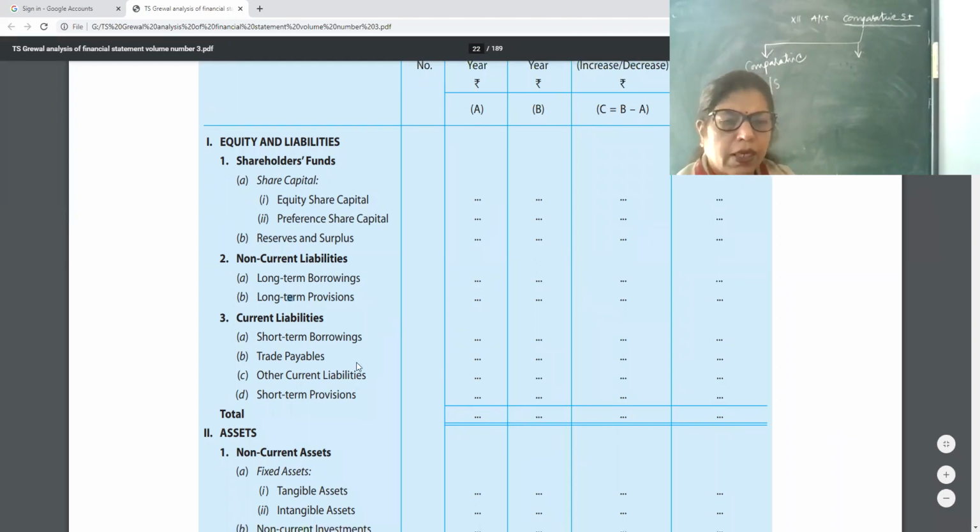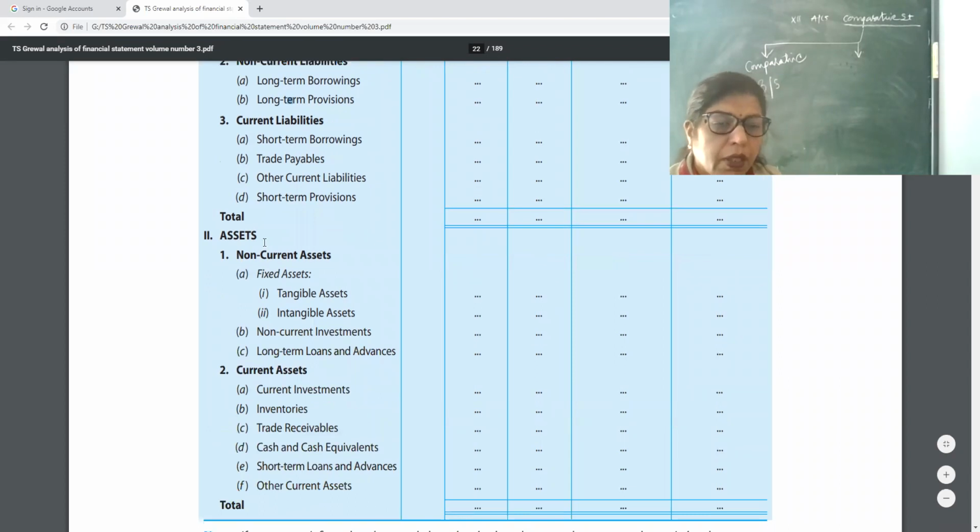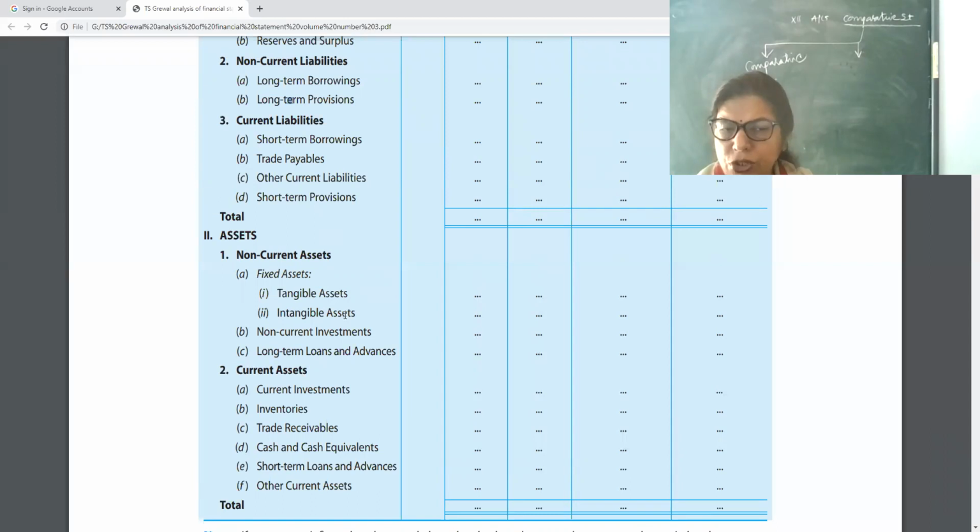Now see assets. Assets are also classified in two parts. Non-current assets, NCA. NCA is classified, first, as fixed assets, tangible and intangible, non-current investments, and long-term loans.